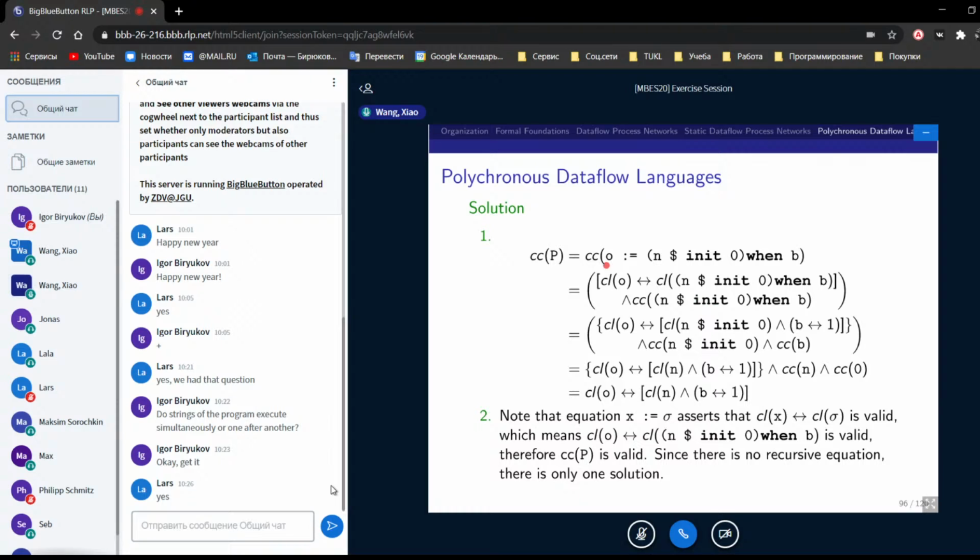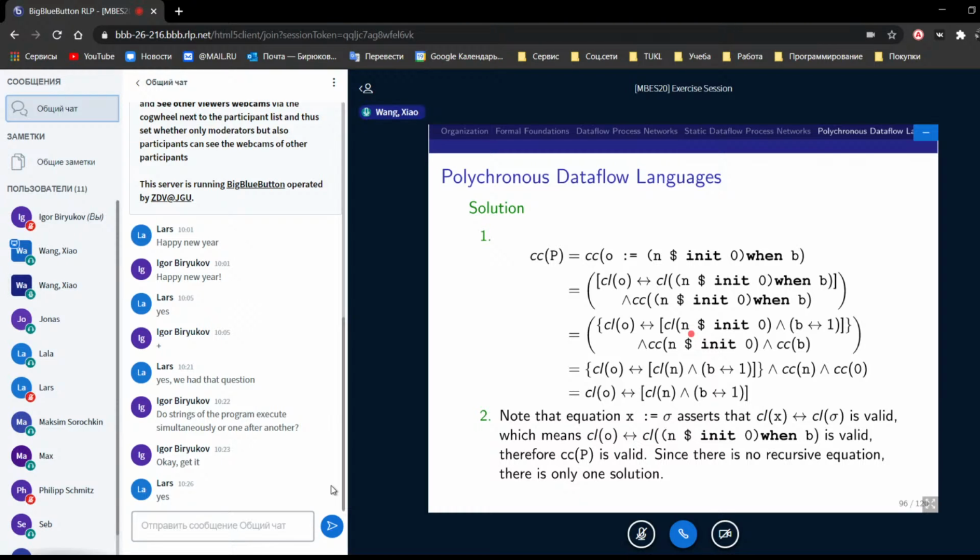And I think I omitted something here. And the left side is consistent. Okay, any variable by itself is clock consistent. Here it is 1. Okay, so that's why I omitted it. And then we have CC of this part. Okay, so a lot of you only computed this part, the right-hand side of this conjunction.